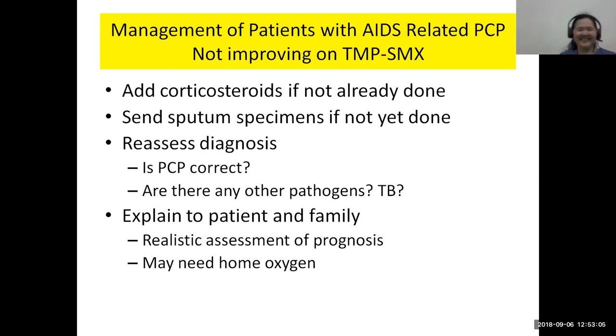Tama ba? So yun, PCP is not like an overnight success. Even if you make the diagnosis, nakita mo na yun yung lumabas sa PCP PCR, for example, that's what you have in your hospital, patients don't get better right away. Okay? It really takes a while.